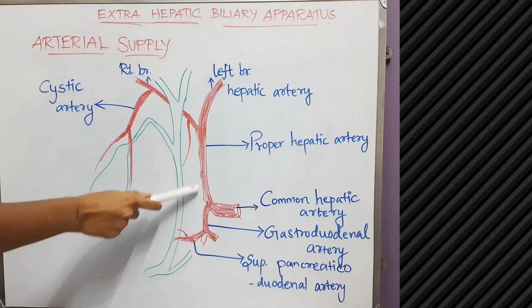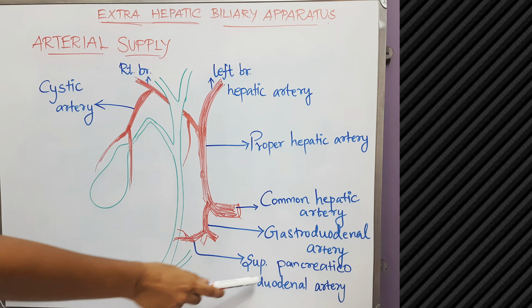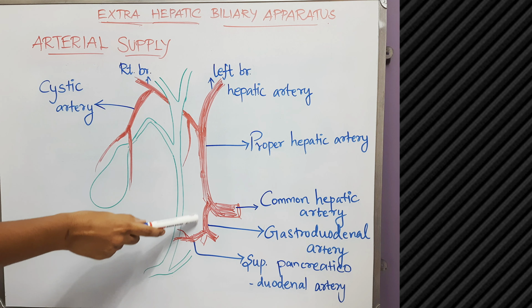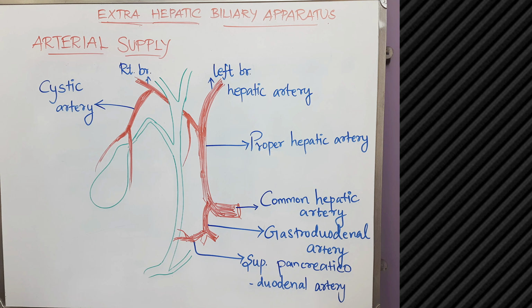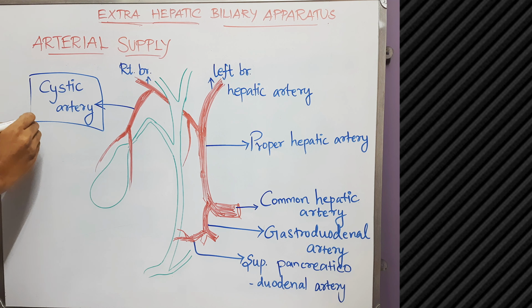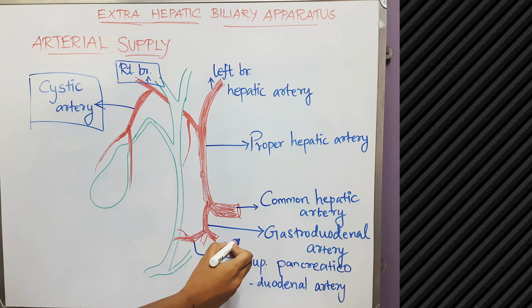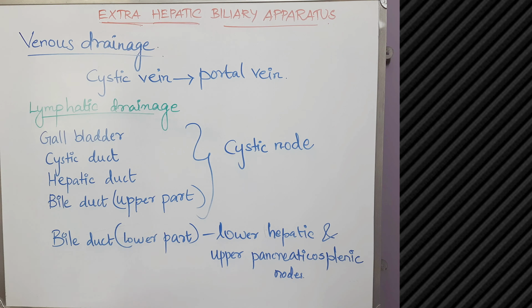The right hepatic artery, which is the branch of proper hepatic artery, supplies the most part of the bile duct, and the superior pancreaticoduodenal artery, which is the branch of gastroduodenal artery, which in turn is a branch of common hepatic artery, supplies the lower part of the bile duct. The main arteries are cystic artery, right branch of hepatic artery, and then superior pancreaticoduodenal artery.